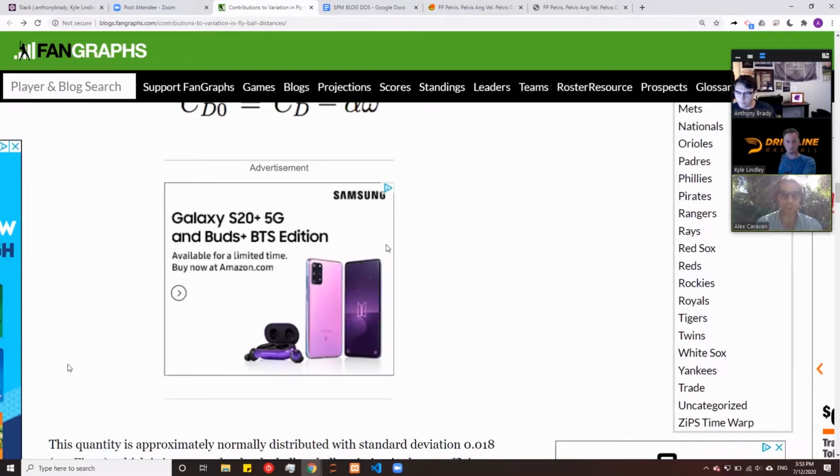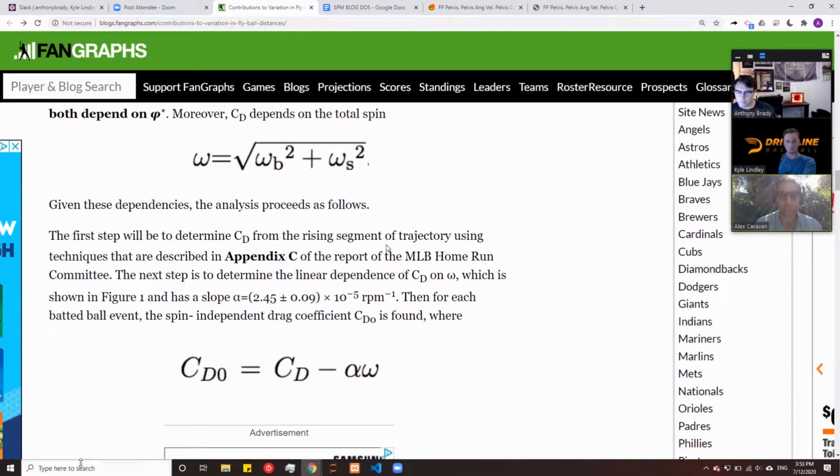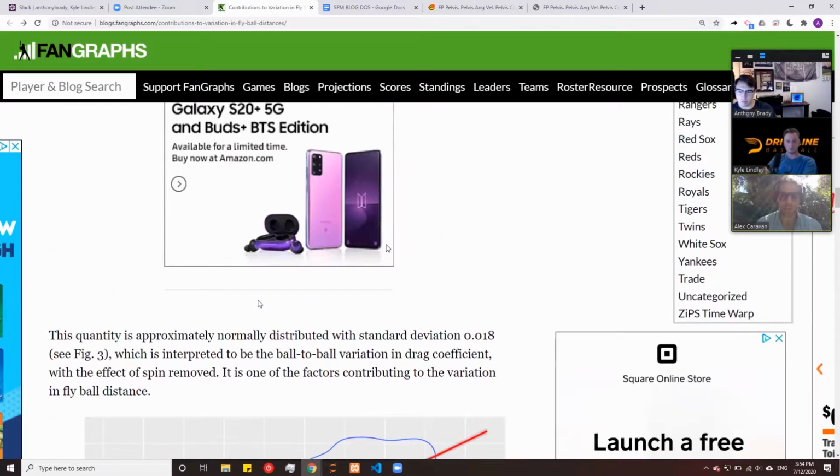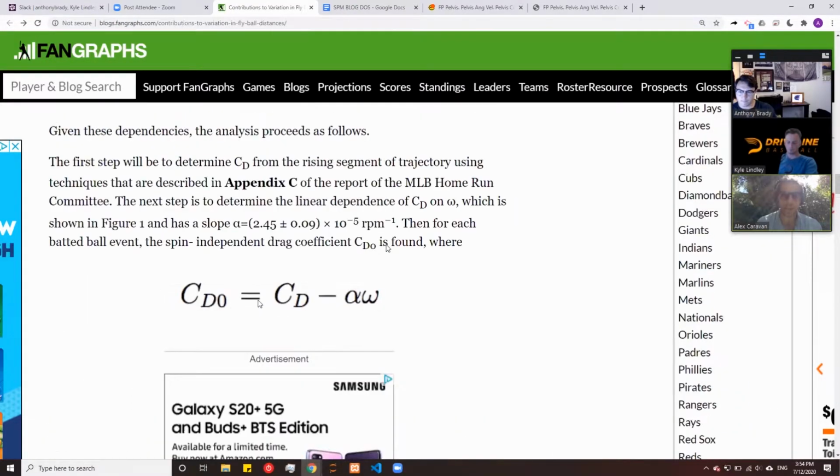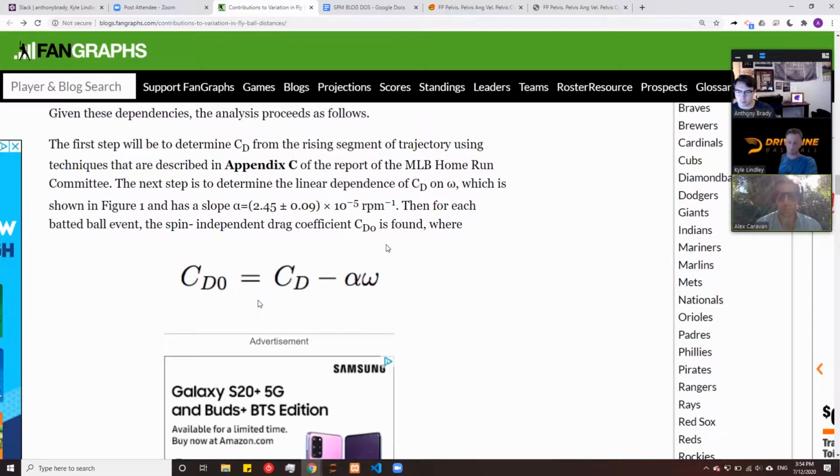So the slope is 2.45 times 10 to the negative fifth, which means it's like 0.0000245. But if you look, it's still a very clear, significant slope. So he derived out of this a spin independent drag coefficient, which he refers to as CD0, and I'll try to similarly refer to it.